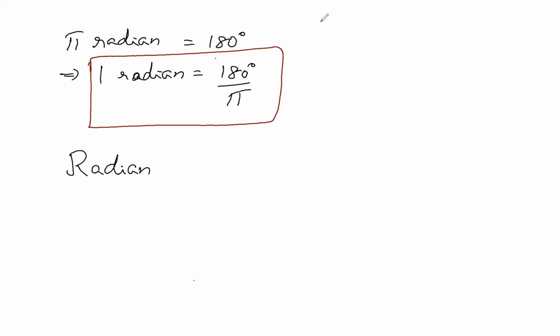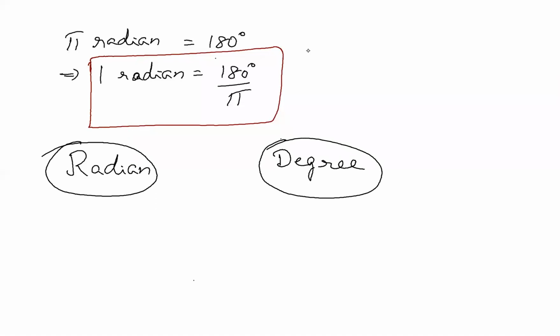To convert radian to degree, we have to multiply by 180 by pi.